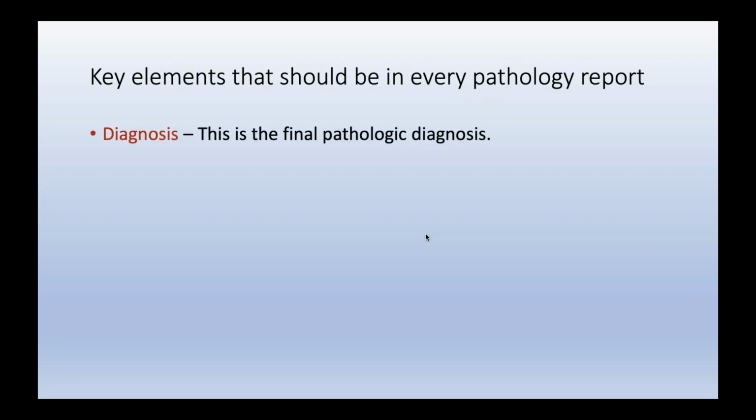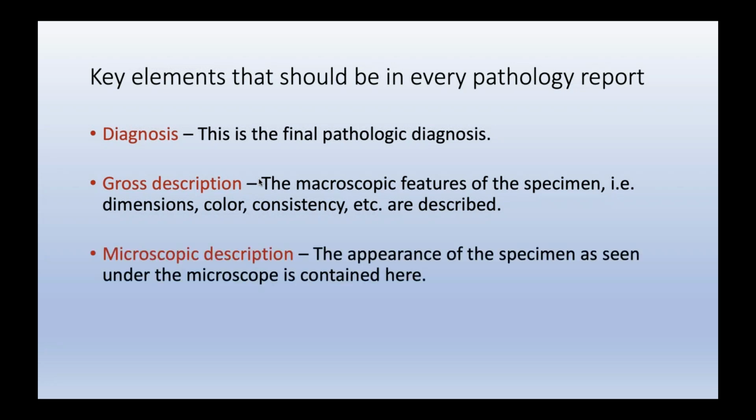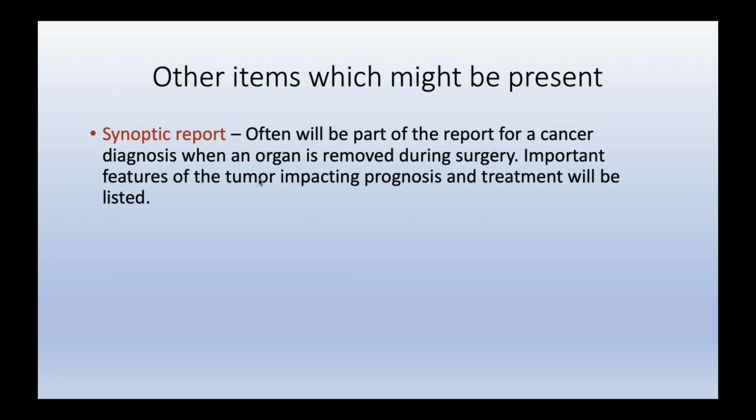So we should see a diagnosis, meaning that's the final diagnosis. You'll probably see something called the gross description, which is just the pathologist will describe what the tissue looked like before we cut into it. And then there'll be a description of what the pathologist saw under the microscope.